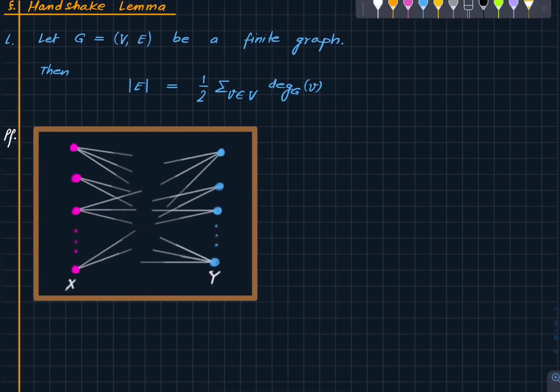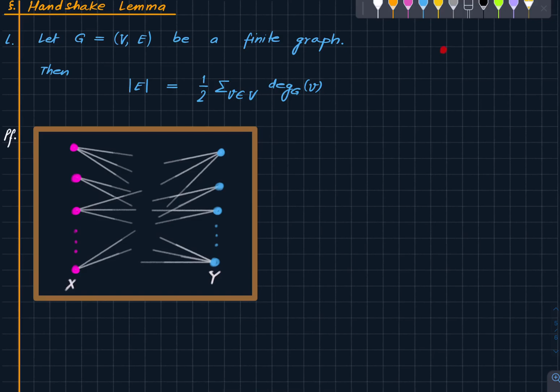Handshake lemma. So suppose we have a finite graph G, vertex set is V, edge set is E. Then the handshake lemma says that the total number of edges in the graph G is given by this formula, and this solves our puzzle that we introduced. In fact, this is precisely the puzzle that we introduced.